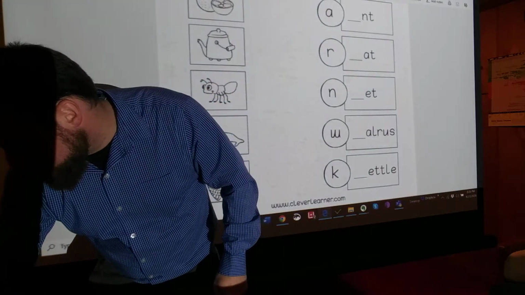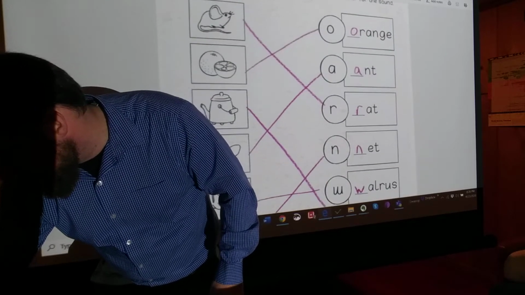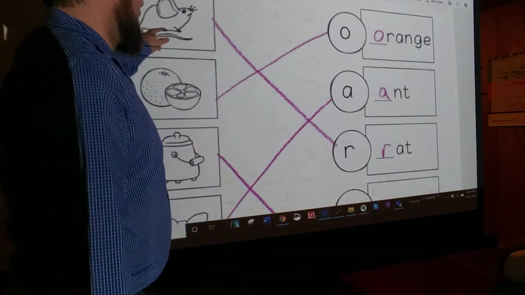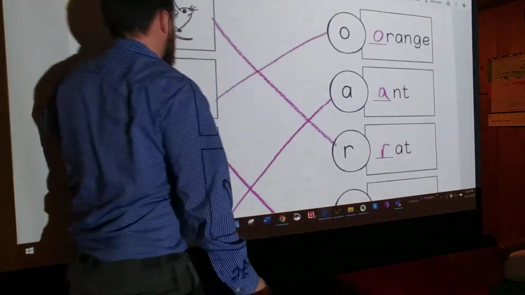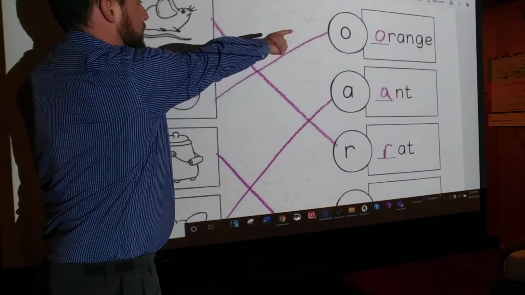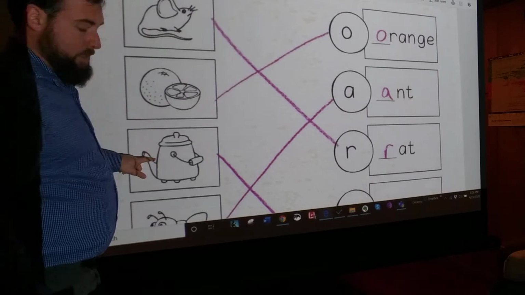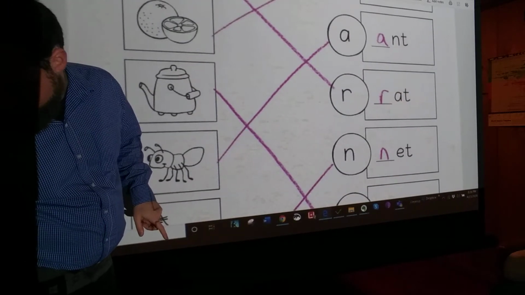So next, you should have a page that looks something like this. Okay? R for rat. O for orange. I need to make this smaller, don't I?